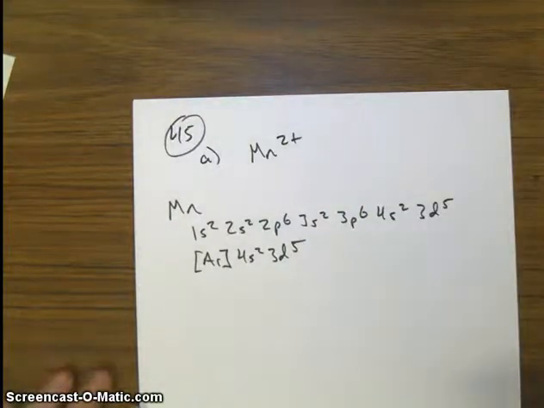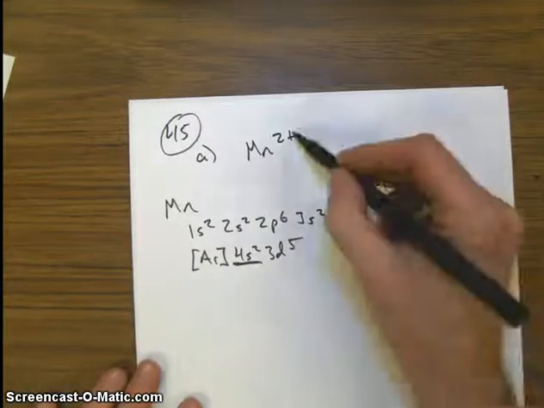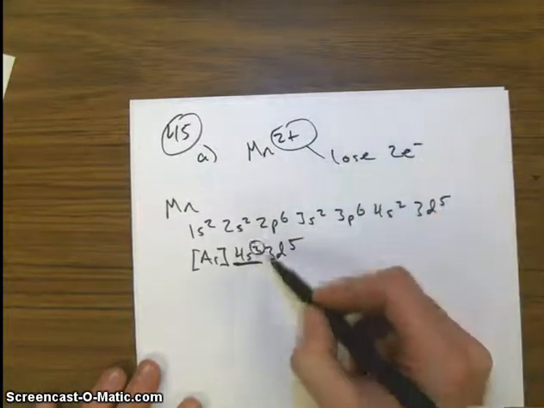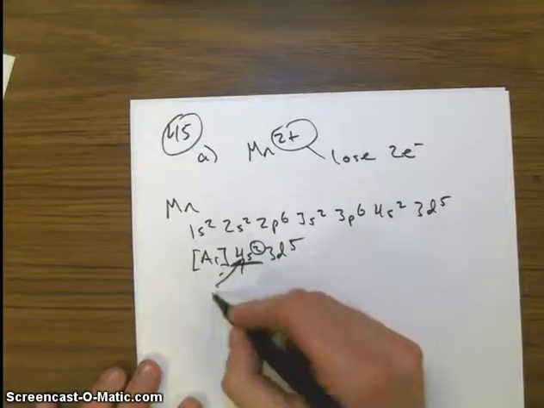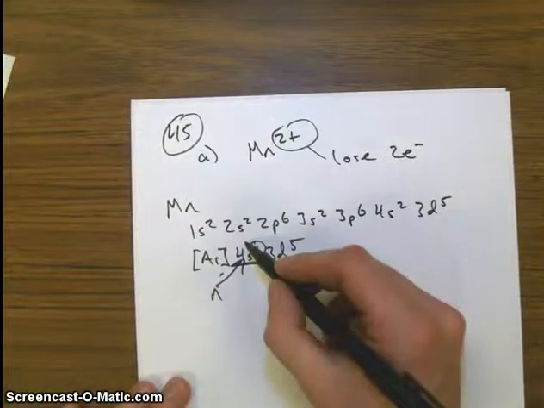You always lose electrons that are furthest from the center of the nucleus, which are the valence electrons, here in the 4s orbital. So you have to remove them from the highest principal quantum number. Remember that 4 is the energy level, otherwise referred to as n, the principal quantum number. So these get removed.